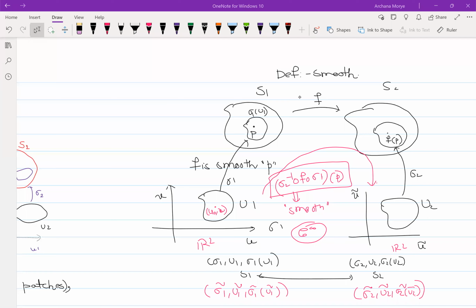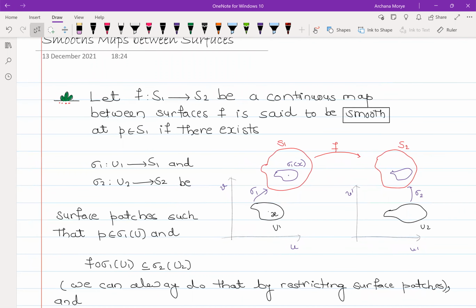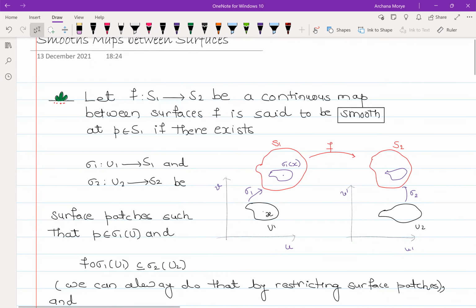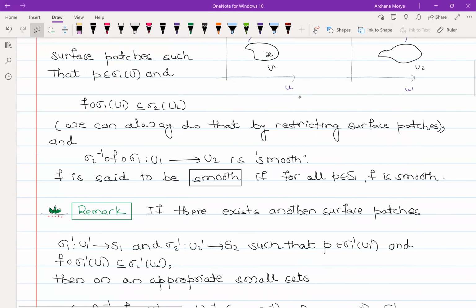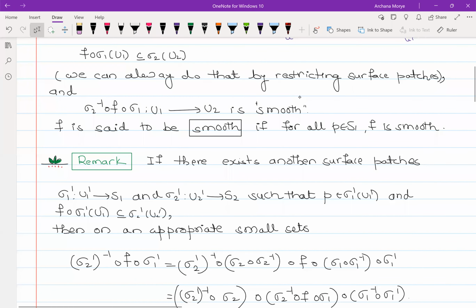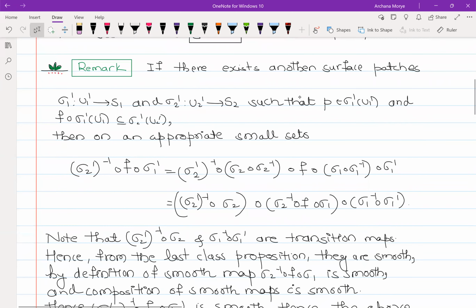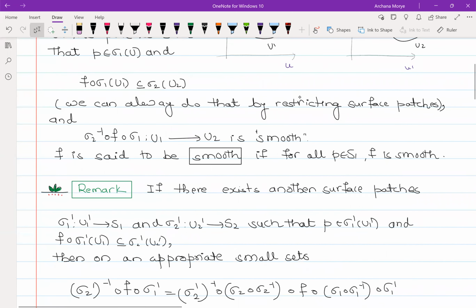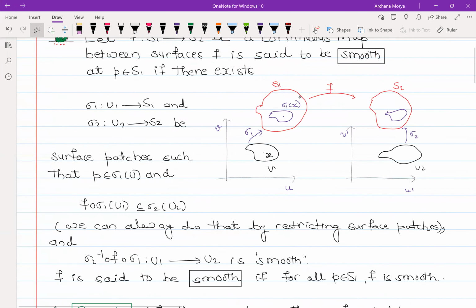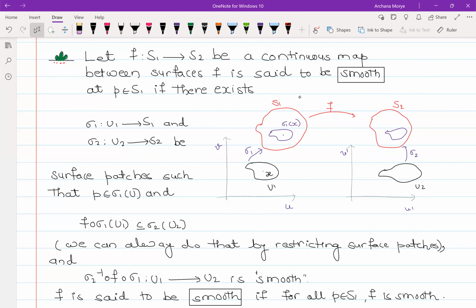Right, so this is precisely the definition of smooth maps. Since all of you are comfortable with this, let me see whether I wrote something extra here. I made this definition precise by choosing my surface patch to be smaller, so that f of sigma 1 of U1 lies inside sigma 2 of U2.